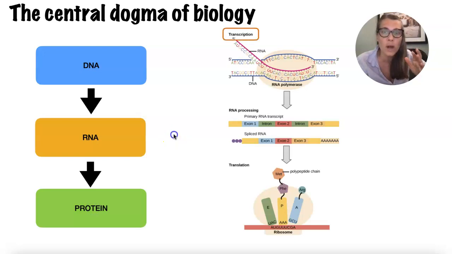So the first one is called transcription, and transcription is at this level. So it's how we make our RNA, okay? So here, the blue strands are your DNA, and remember, when we make a protein, we want to express specific genes.